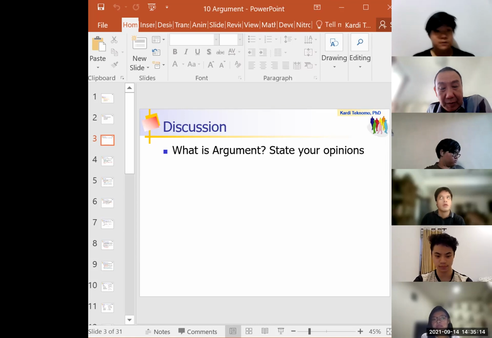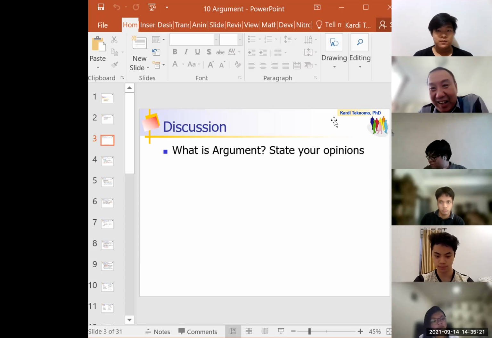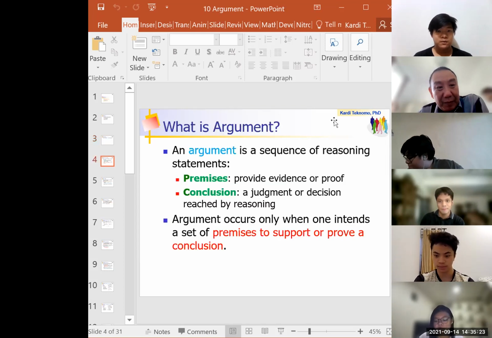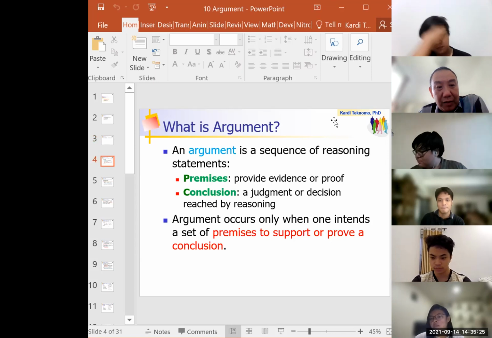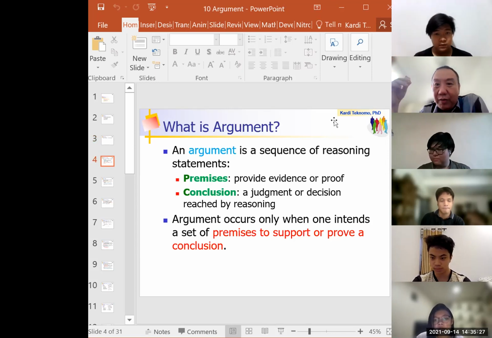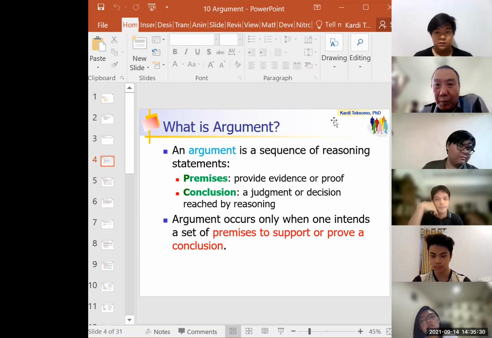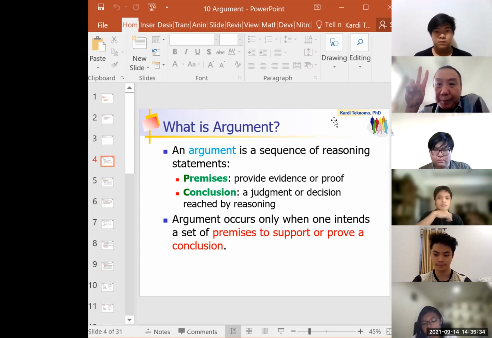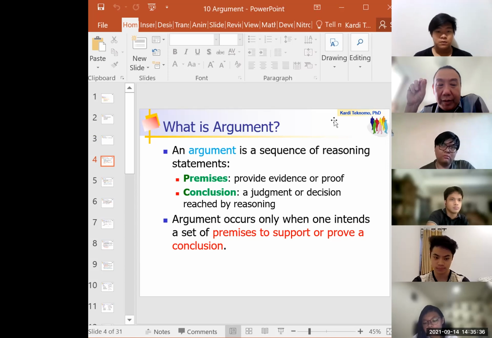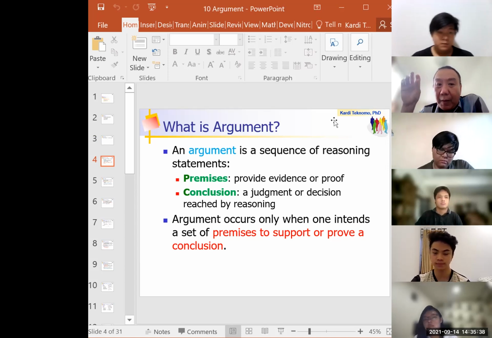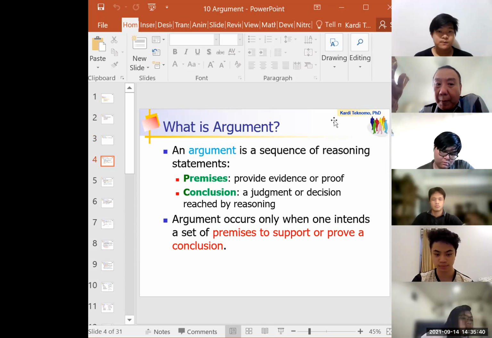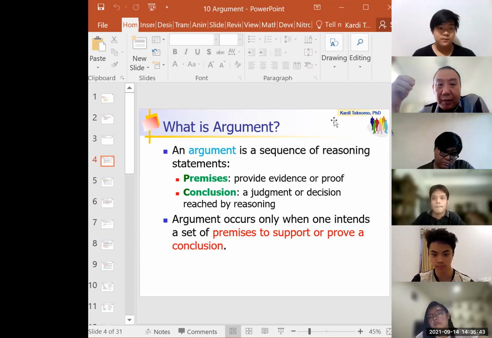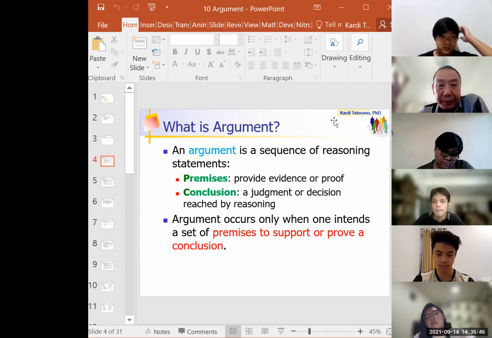So argument here does not mean you fight. Argument is basically a sequence of reasoning to prove your point. An argument always has two parts. One is the premises, something that you provide, evidence or proof.